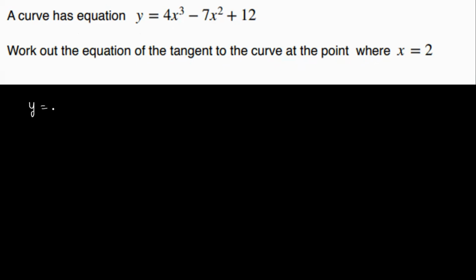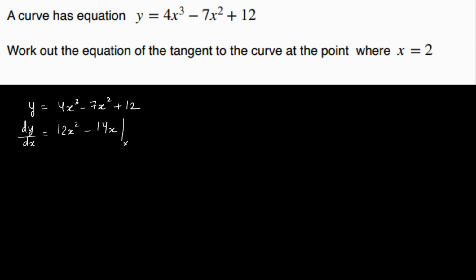So y is equal to 4x cubed minus 7x squared plus 12. The dy by dx, or the gradient of the curve at x equals 2, will be 12x squared minus 14x.